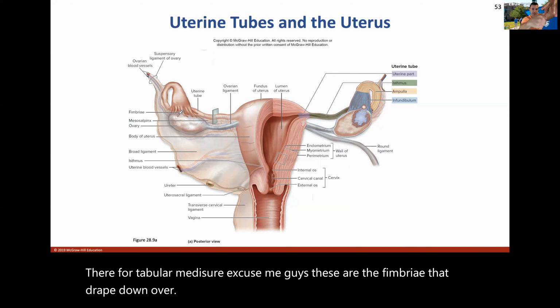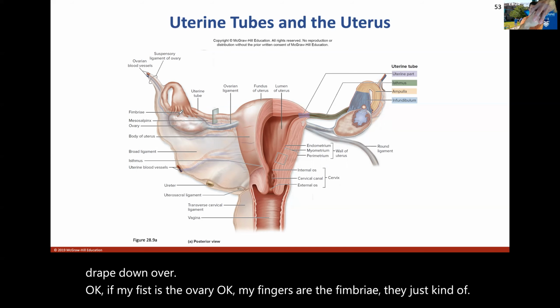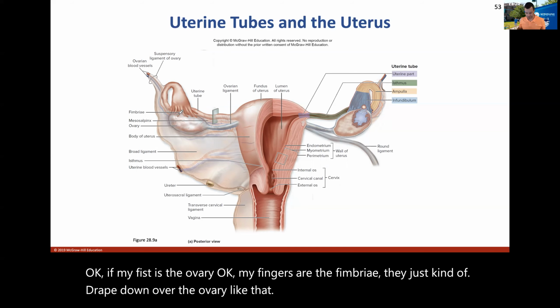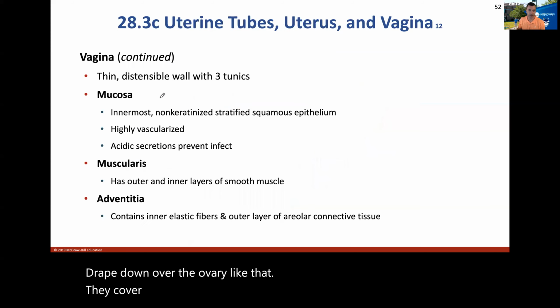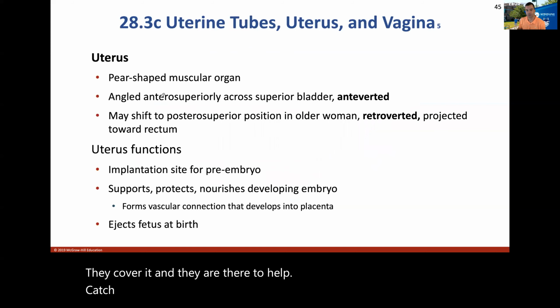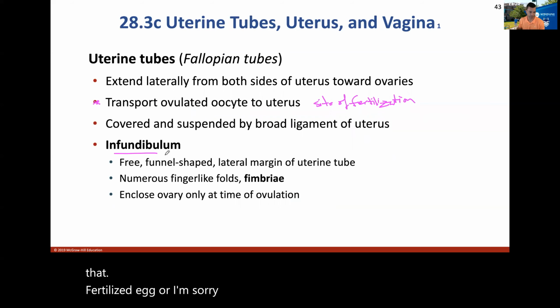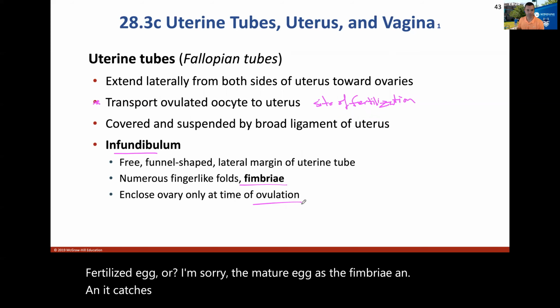If my fist is the ovary, my fingers are the fimbriae, they just kind of drape down over the ovary like that. They cover it, and they're there to help catch that oocyte, the mature egg. It has the fimbriae, and it catches the egg during ovulation.